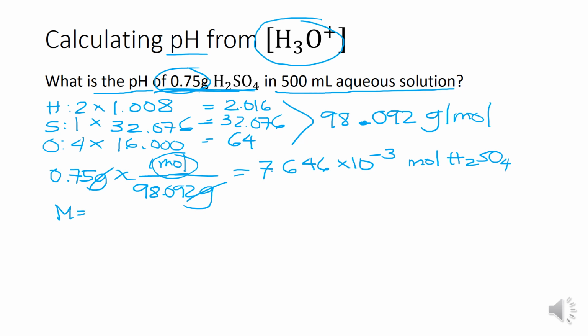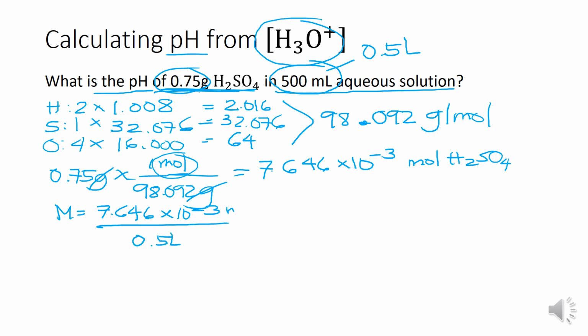Mole of solute is 7.646 times 10 to the negative 3, all over the volume of solution in liters. We are given 500 ml, and since there are 1000 ml in 1 liter, this is equivalent to 0.5 liter.